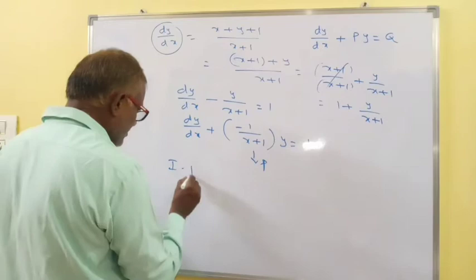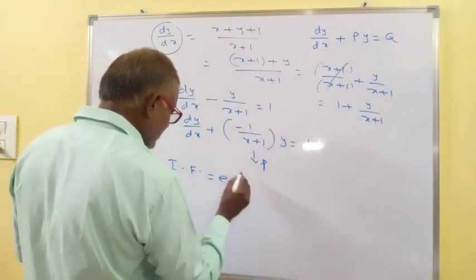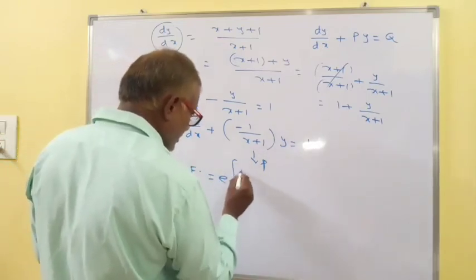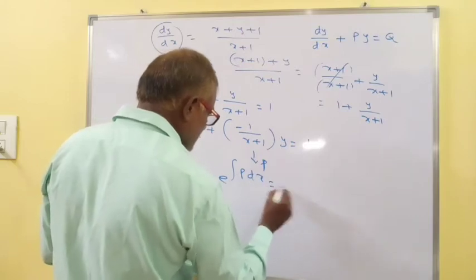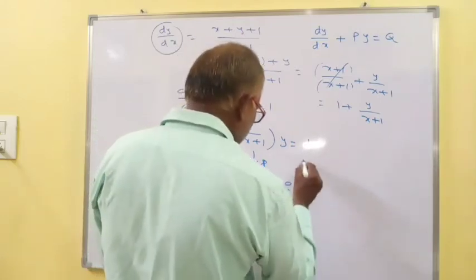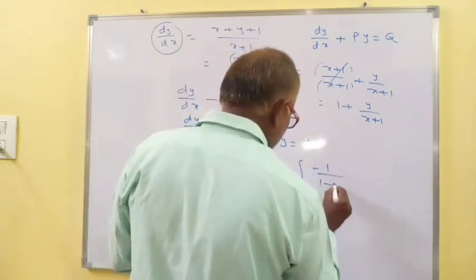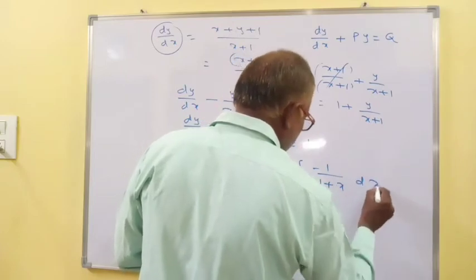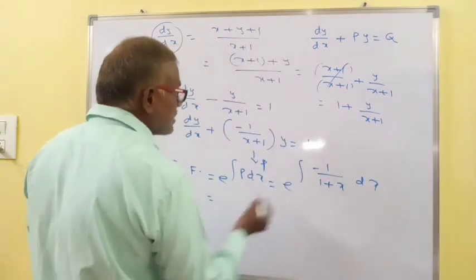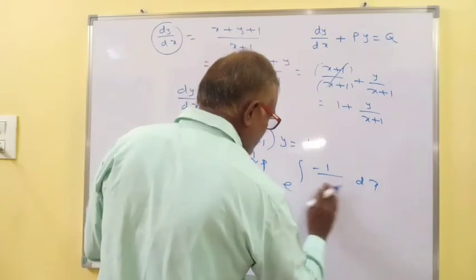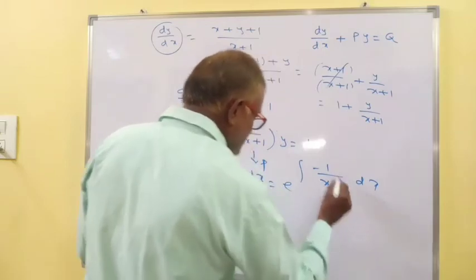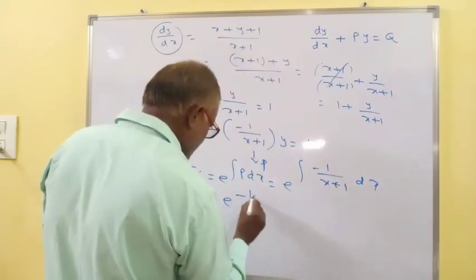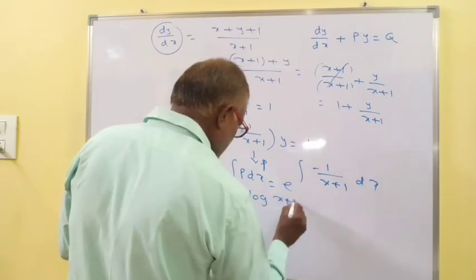Therefore IF is equal to e power integral P dx. That means e power integral minus 1 by 1 plus x, or x plus 1, no problem. So clearly this is nothing but minus log of x plus 1.